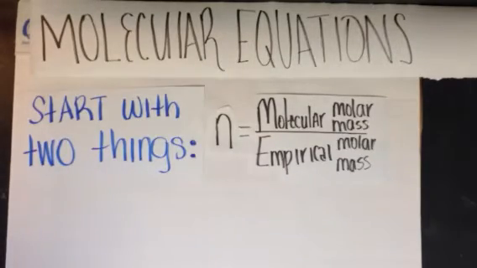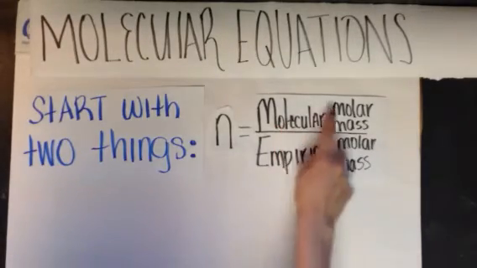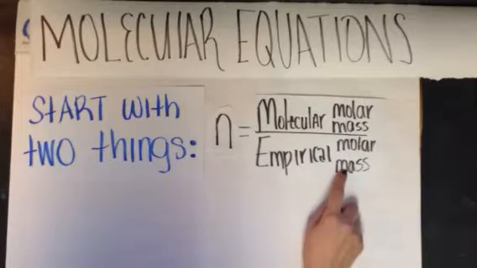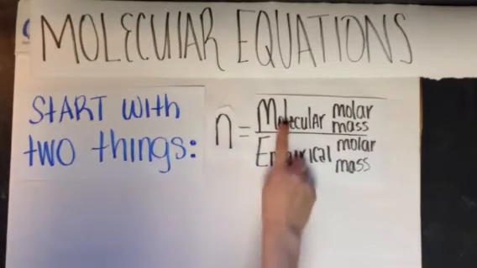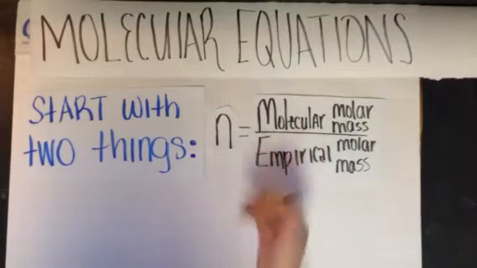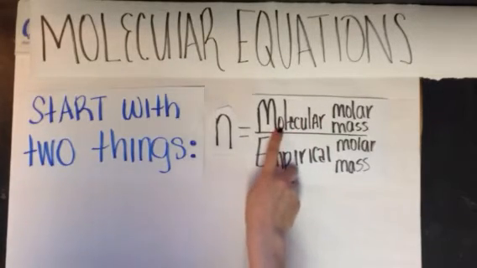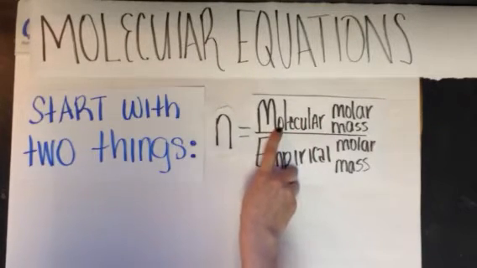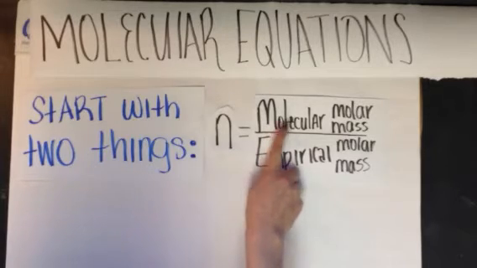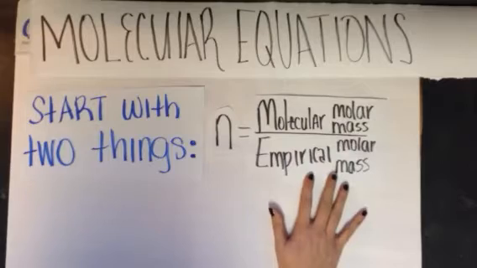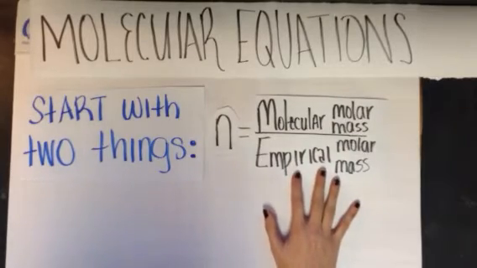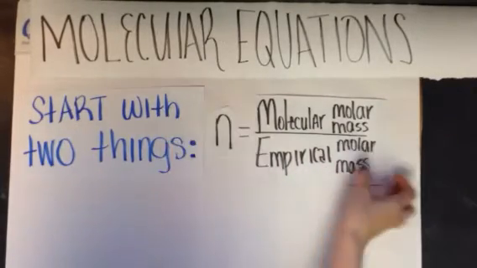These two things have to be given to you. You will definitely be given the molecular molar mass, and the reason why is because you're not given the equation, so you don't have a way to calculate it, so you need the actual mass. As for the empirical molar mass, you know how to calculate that. So keep that in mind as we begin.